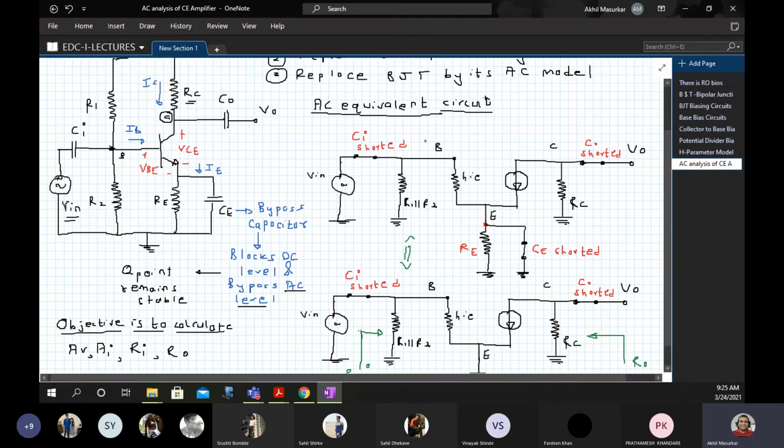So in this circuit, this much part is actually the AC model of the BJT, and what flows inside is IB, and the value of this current source is HFE times IB, which I can show here also: IB, and this is HFE times IB.